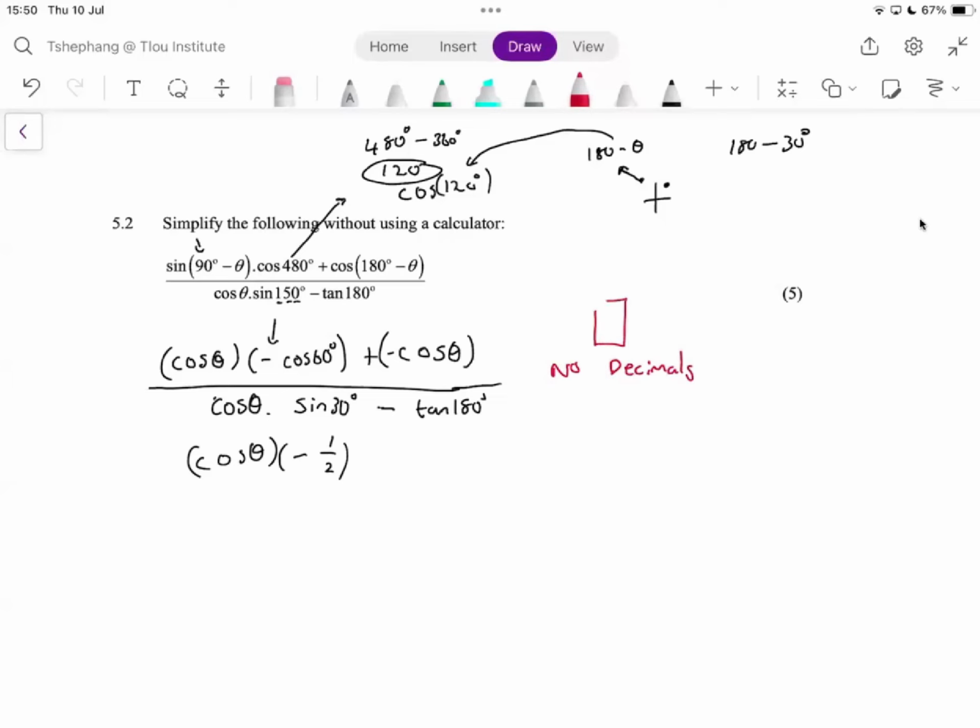You can still use your calculator, but no decimals, please. That's how I got cos of 60. And then this is simply going to change to negative cos of theta all over cos of theta multiplied by what? What is sine of 30? It's just 1 over 2.